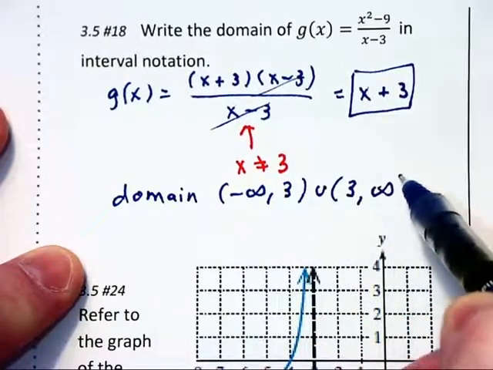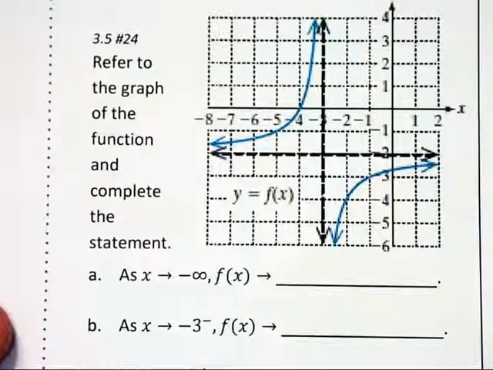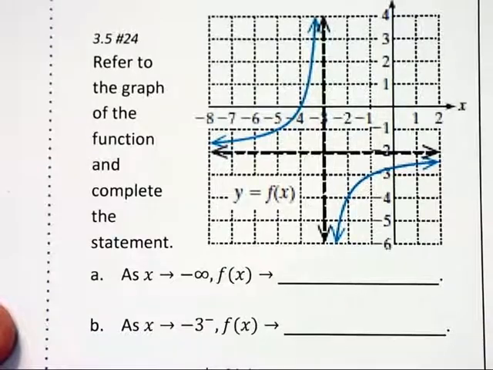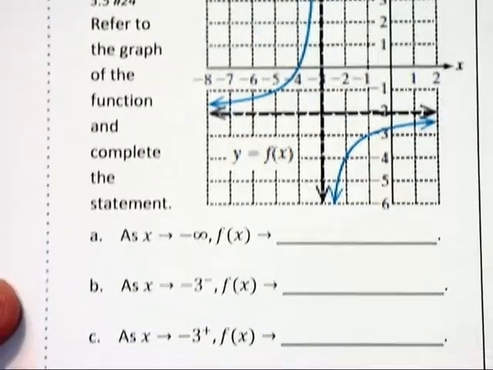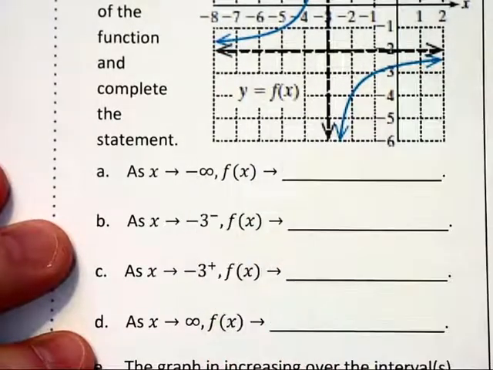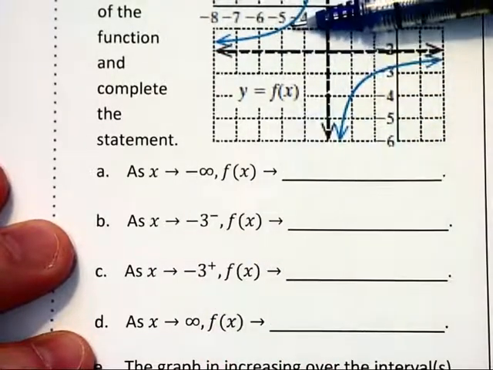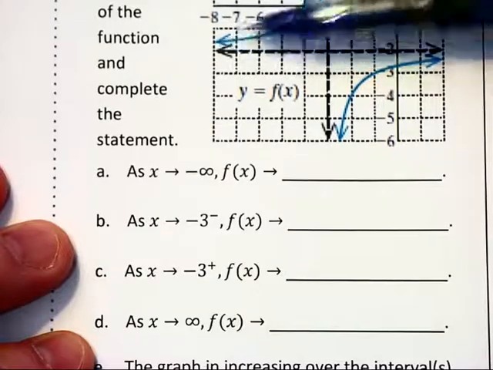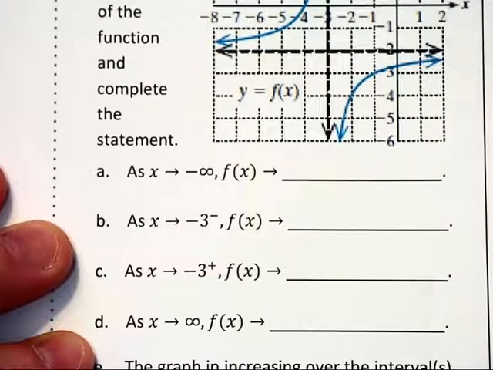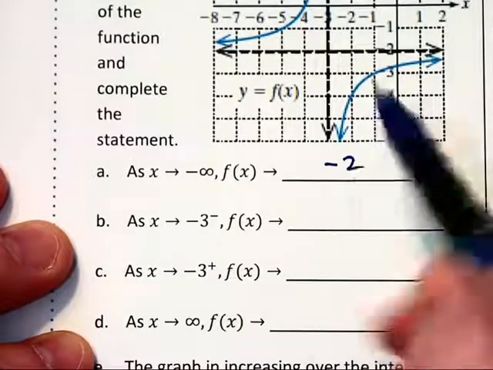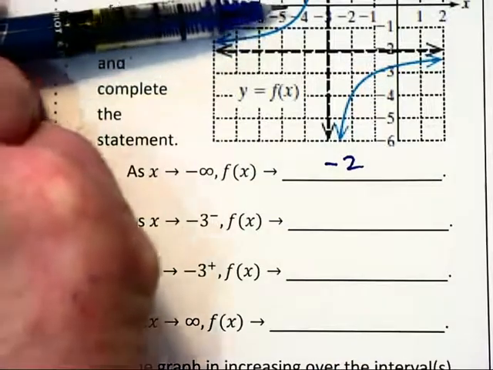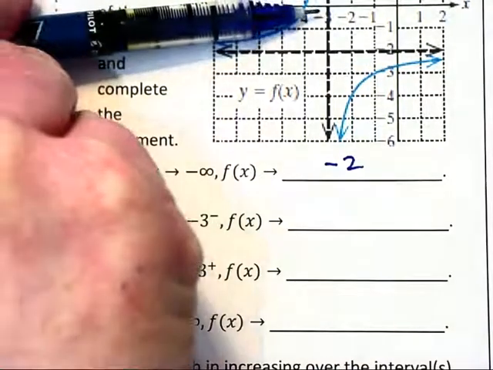We are now being asked to analyze this graph a little bit, and the first thing we're asked is, as x approaches negative infinity, in other words, as we go to the left, what's happening to the y value? It's approaching negative 2. This next part, as x approaches negative 3 from the left, what's happening to the y value?